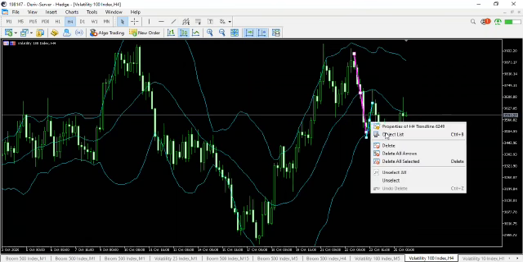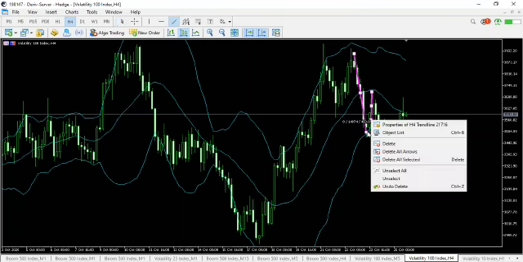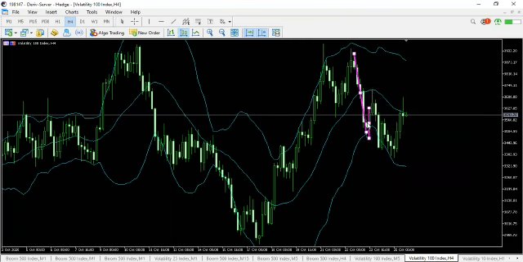There you have it. This is another leg. That's the second leg. This is the third. And this is the fourth. Okay? So that's the W.